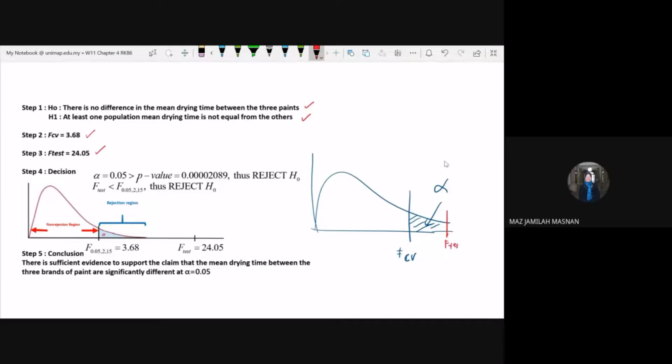Now, you know that your F test is 24.05 and your FCV is 3.68, and it definitely falls in the rejection region. Then we reject the null hypothesis. Or if you wish to compare using alpha and p, since alpha is greater than the p value, we reject the null hypothesis.